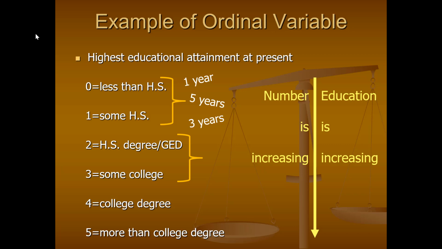Same with going from, let's say, a 2 to a 3, a high school degree or GED to some college. That could be very many years. It could be 1 year, or it could be 2 years or more. The fact that there is a variety is what's key here. Same with some college to college degree, 2 years, 3 years.